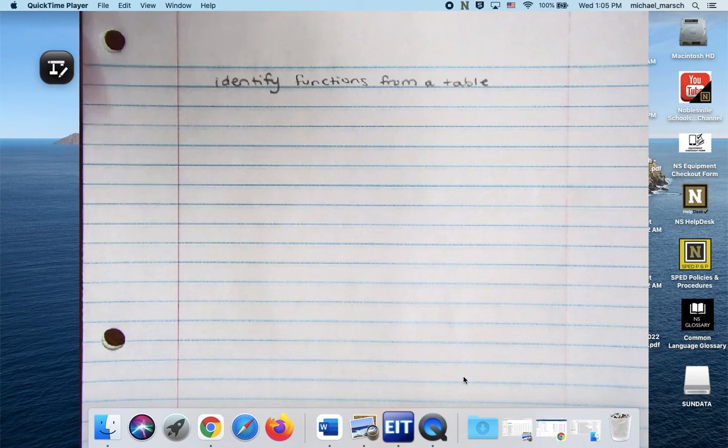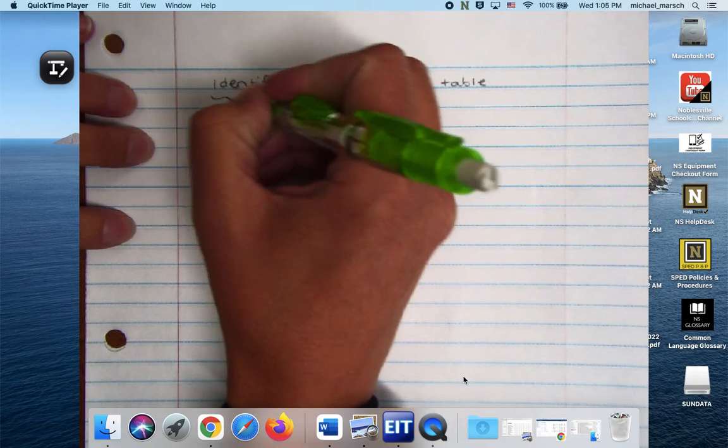Yep, sure is. Okay, identify functions from a table.